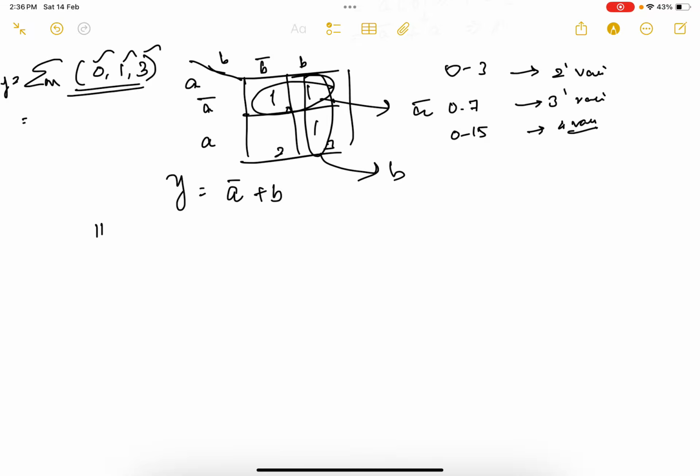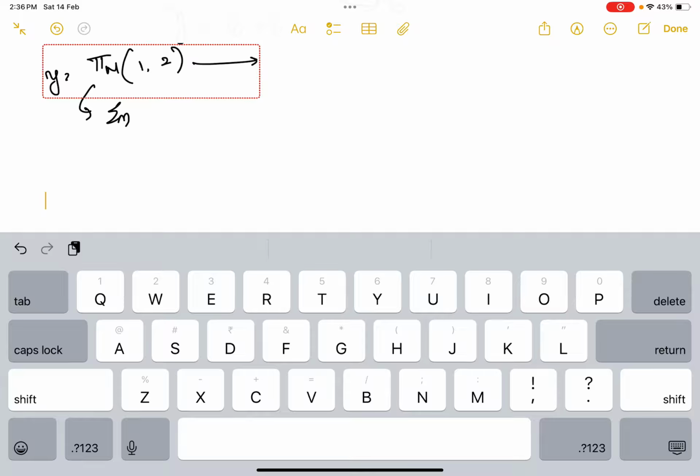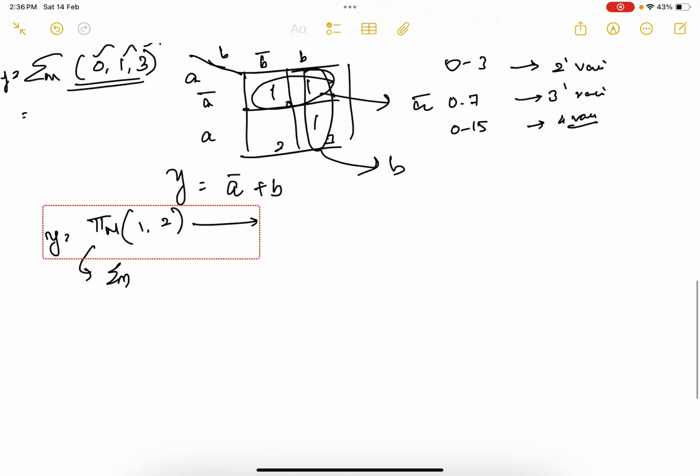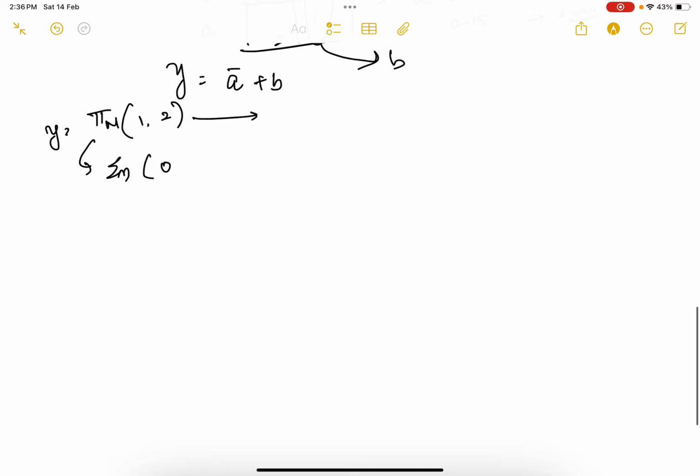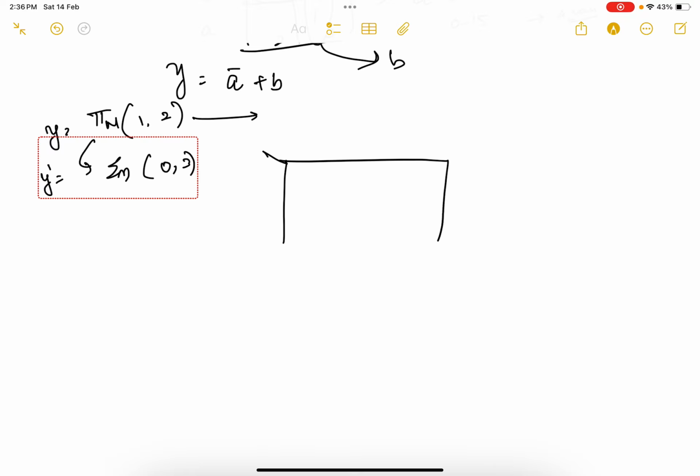For example, if you are provided with the max term, for example 1, 2, this is the max term. If they are given in the max term, first convert this max term into a min term. So how will you convert? Whatever the variables are present, the missing variables you want to write in your max term configuration. So the missing variables are nothing but 0, 3. So that will be your min term expression. So for that 0, 3, we want to do your k-map.